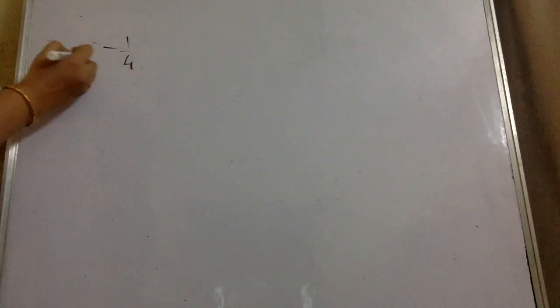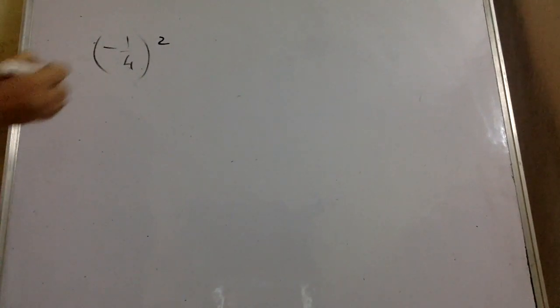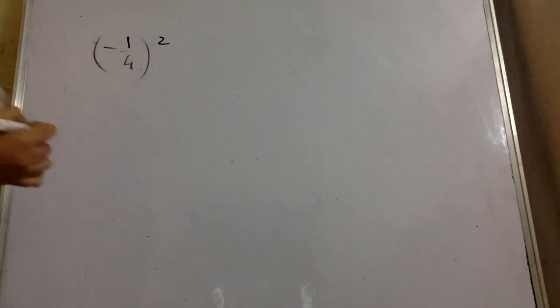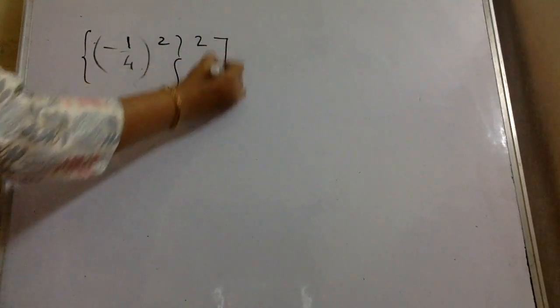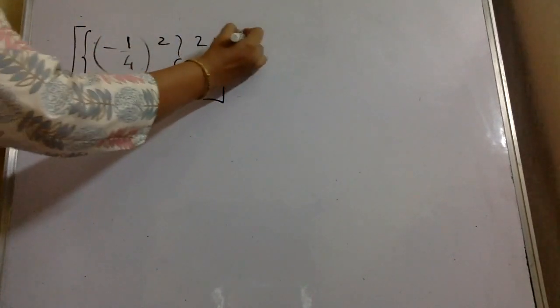Okay, so the next sum is minus 1 by 4, in a bracket, and then to the power 2 outside the bracket. Here goes to the power 2, minus 1 by 4 bracket to the power 2, then comes a curly bracket, another 2, and then comes a square bracket. Now you write a minus 1.